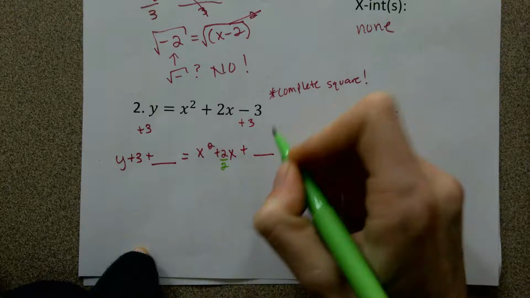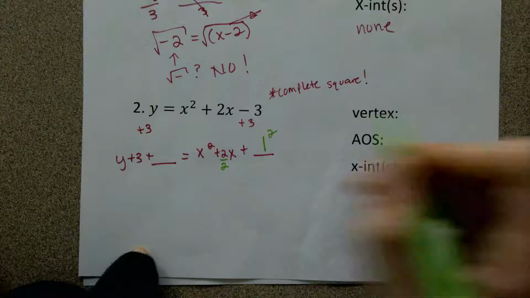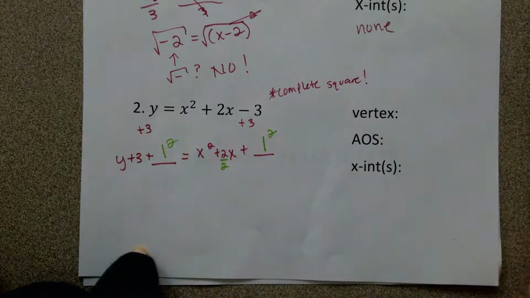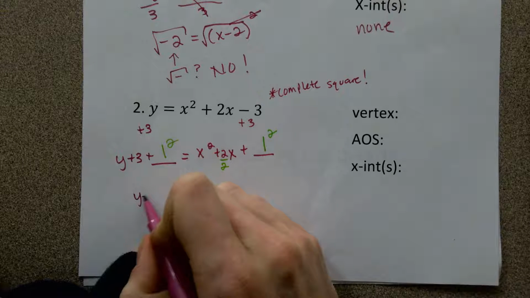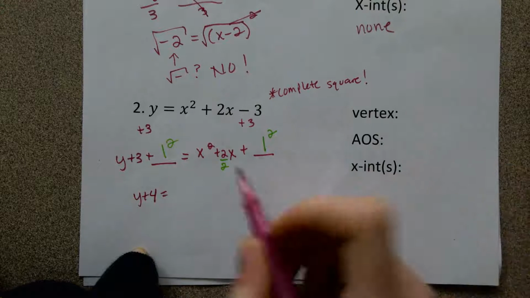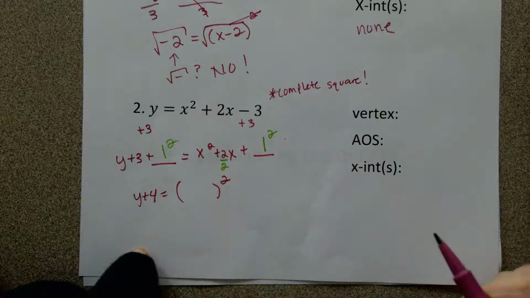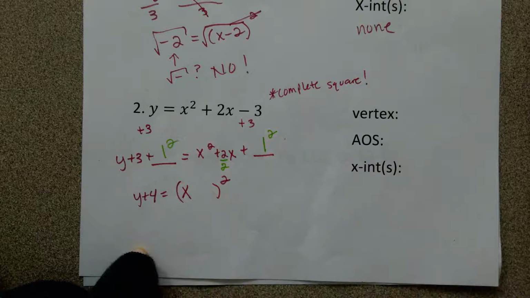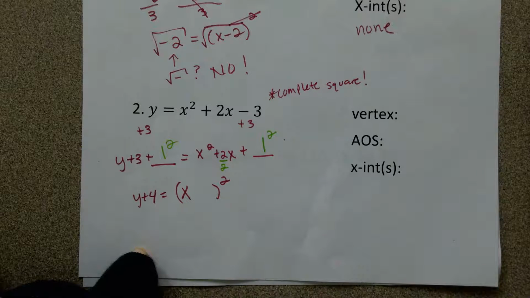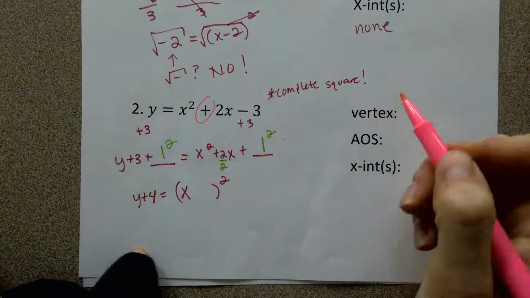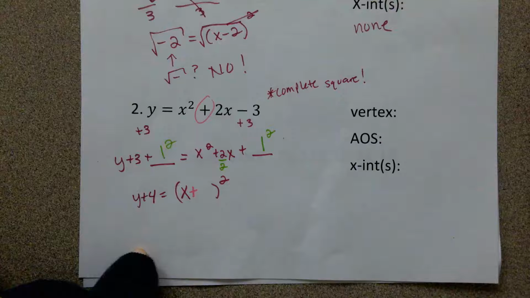So 2 divided by 2 is 1 and we square it. Then we add that to this side here. Okay, so then 1 squared is 1, so over here we'll have y plus 4. And this just changes to this form, okay? We have an addition symbol. Our first sign here is addition, so that stays.